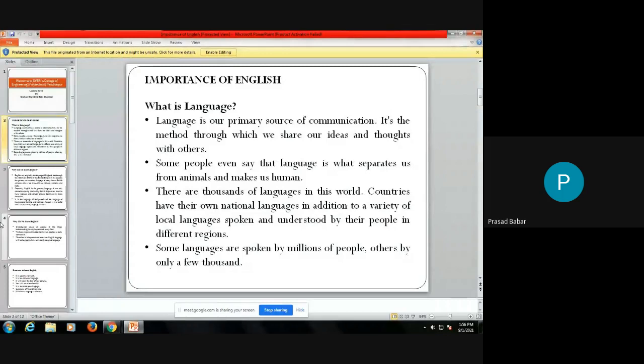So dogs or any other animals can't use language or create language. Some of us may have parrots as a pet bird. Parrots can mimic us.